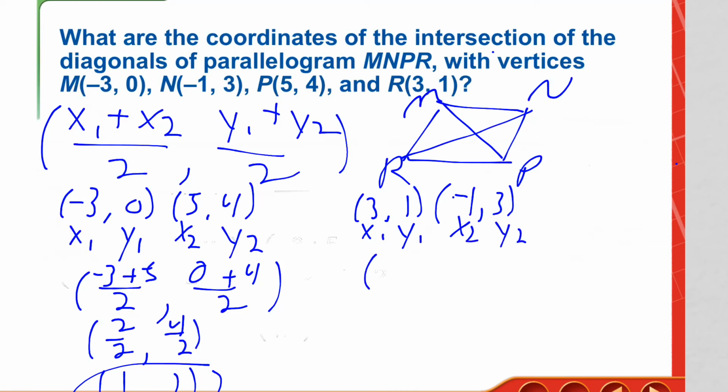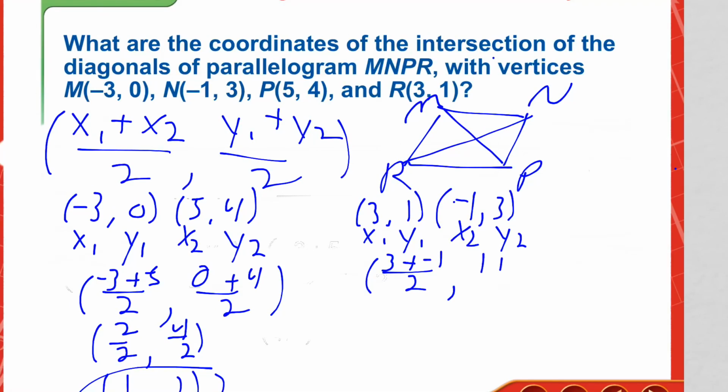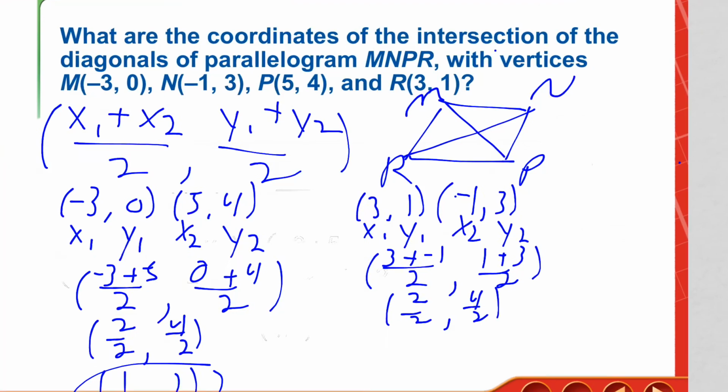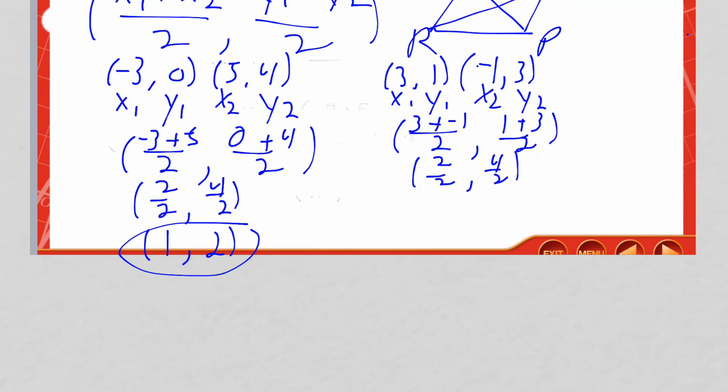So then we get 3 plus -1 over 2, and then 1 plus 3 over 2. So 3 plus -1 would be 2 over 2. 1 plus 3 would be 4 over 2. So again, 2 divided by 2 is 1, 4 divided by 2 is 2. So the point at which they intersect is the coordinate (1, 2).